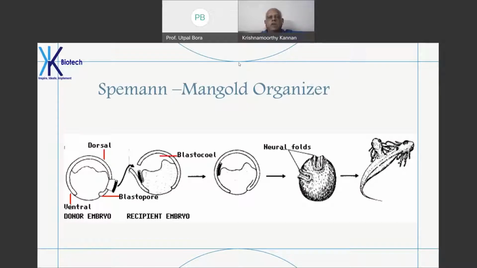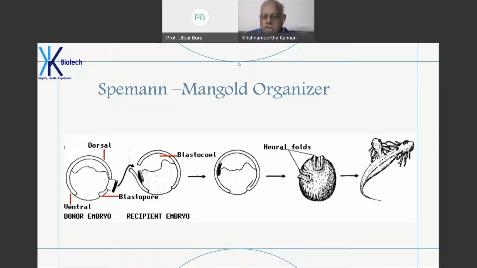So even if we take the colored blastopore and transplant it on the other side, in other words, the cells are being instructed what to become. In gastrulation, the cells move from one point to another and that decides their fate. So this blastopore seems to be releasing something which decides the fate of the cell. This is called the Spemann-Mangold organizer.